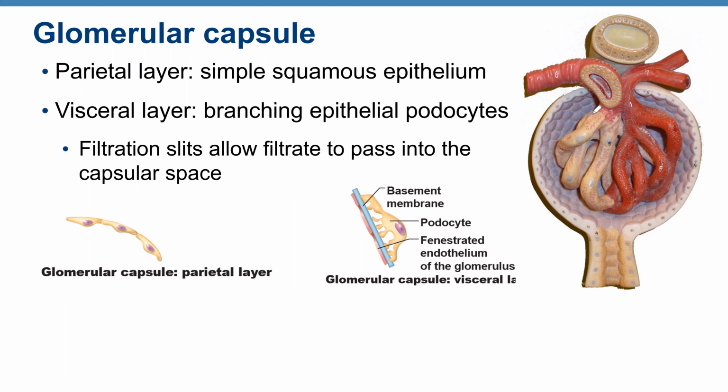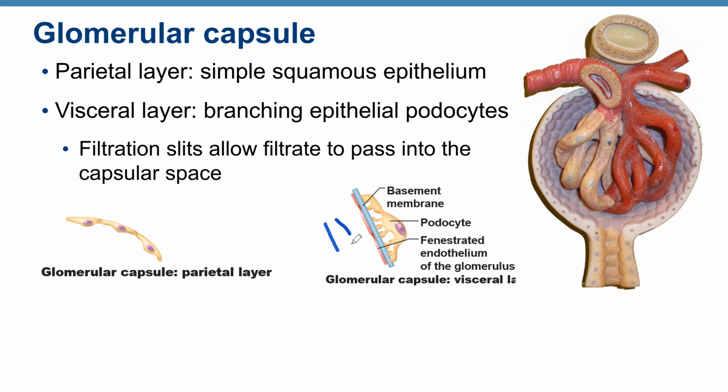So you see those structures shown on the surface of the glomerulus. It's actually this visceral layer. So you see this cell called podocyte. Then we have basement membrane, and then our endothelium.